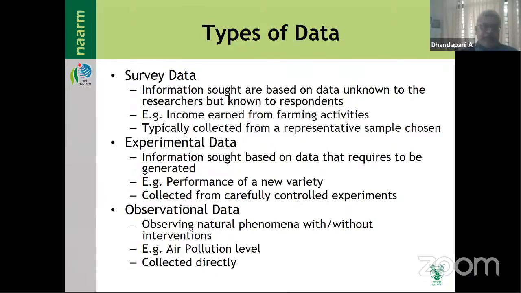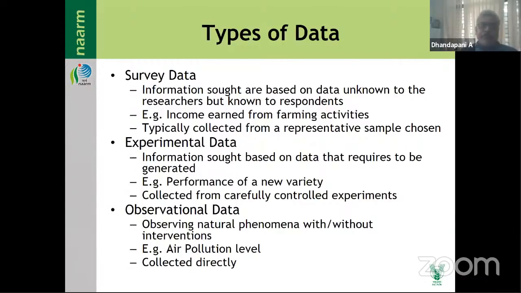The second type is experimental data. For example, I want to release a variety and assess its performance. Nobody knows about its performance. What is that performance? That means this data has to be generated through some kind of means. Usually we plan an experiment and collect this data.